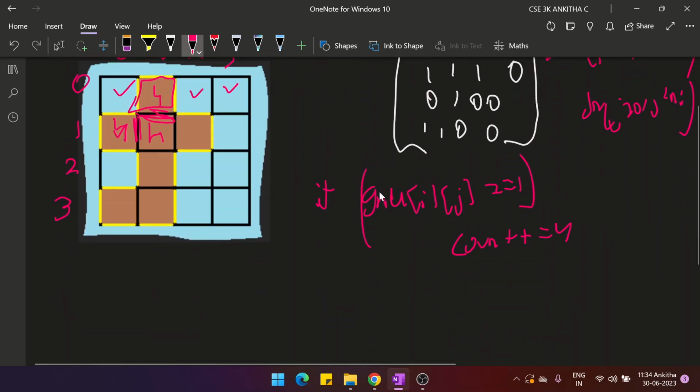For that we first check if grid of i comma j is equal to 1. If it is equal to 1, we increment the count by 4.